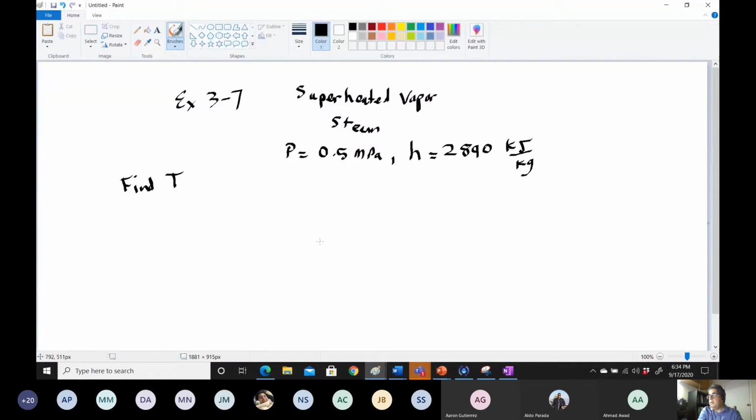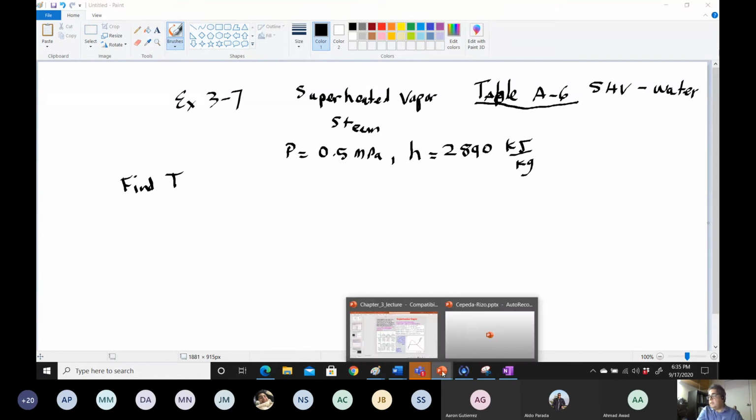Let's look up the table for superheated vapor. It's basically A6. There's only one table, not a pressure table and a temperature table. Table A6 is for superheated vapor, water, which this is.